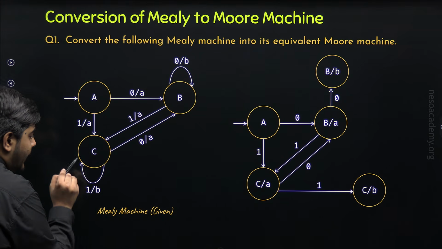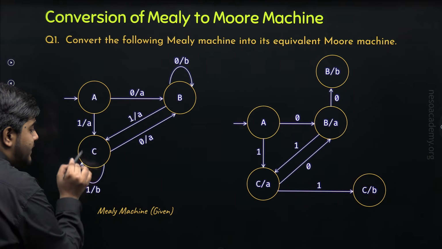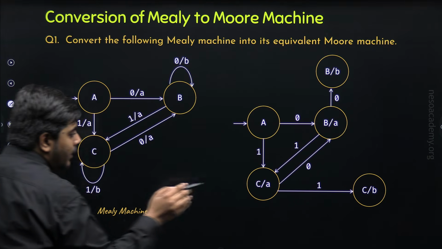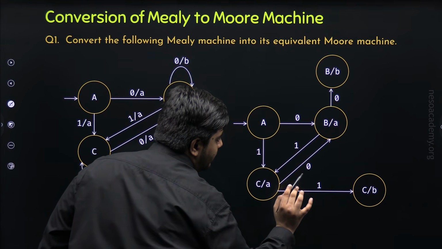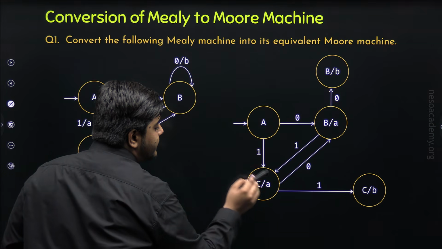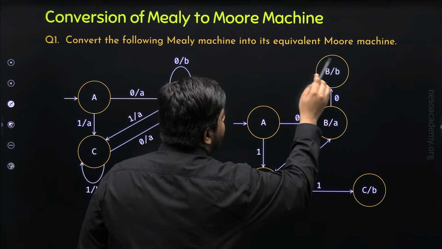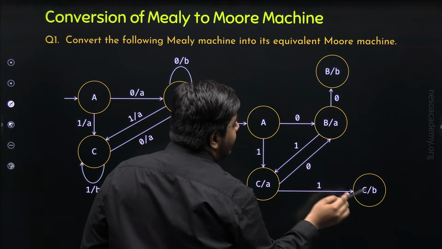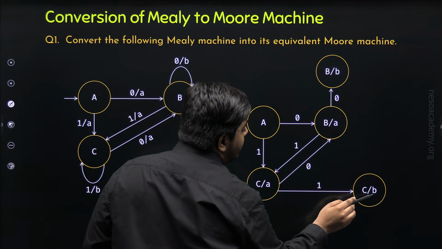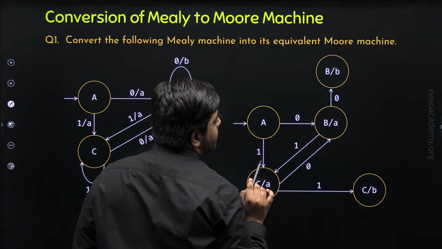C, on getting input symbol 1, we will reach the same state C, but this time C should have output symbol B, denoted by this state. In this way, we have completed the transitions for the state C as well. Now we have two newly created states, B having output symbol B and C having output symbol B. So we need to complete all the transitions for these two states also.